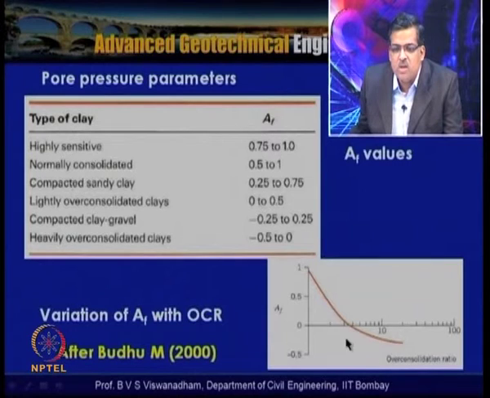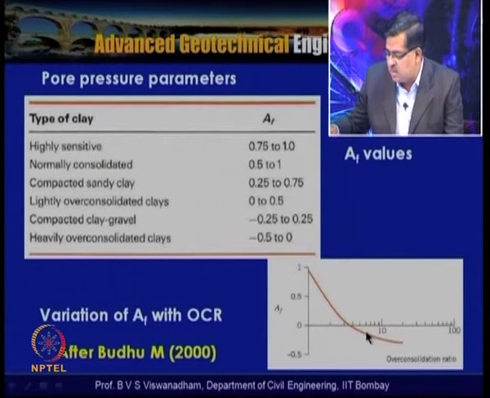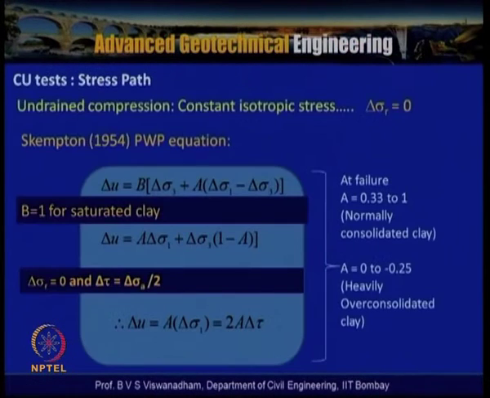This is the discussion we had earlier. It is because of the negative pore water pressure development which takes place during shear in case of over consolidated or densely deposited soils.